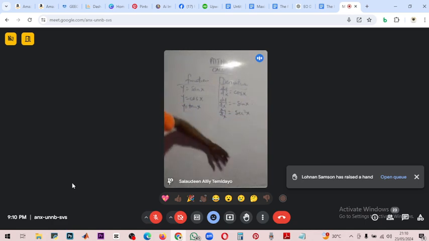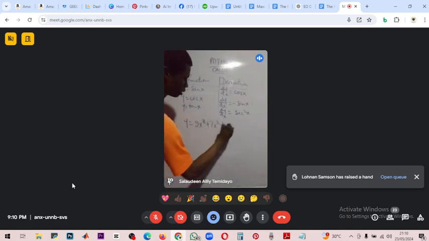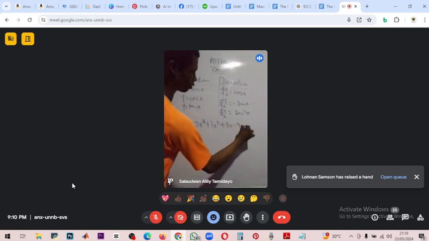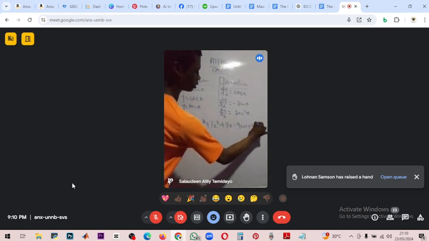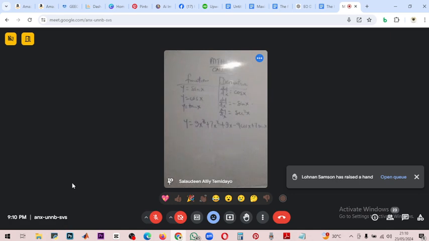A very quick test, everyone. Y equals 9x cubed plus 7x squared plus 9x minus 9 cos x plus 7 tan x. Find the derivative. Shall I rewrite it for you to see very well?